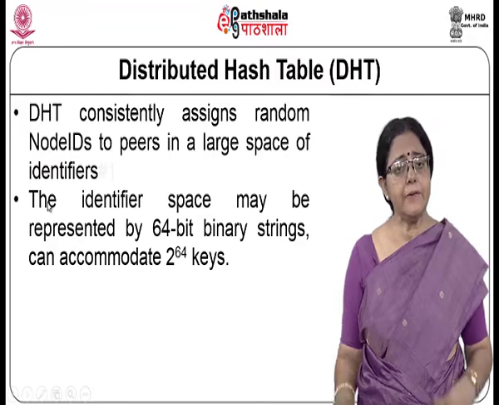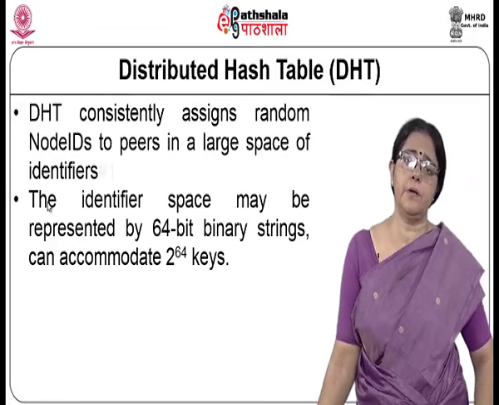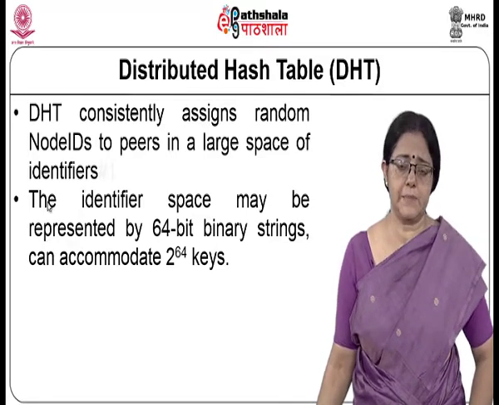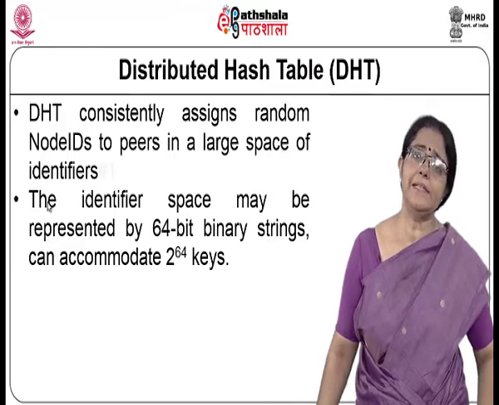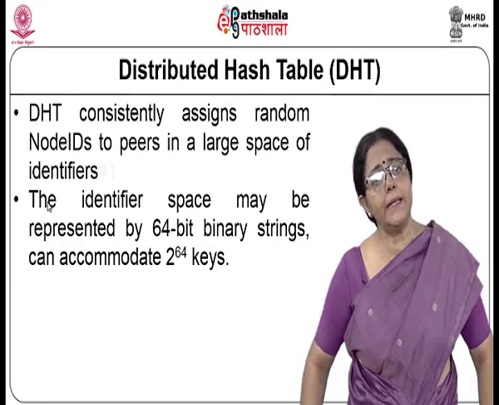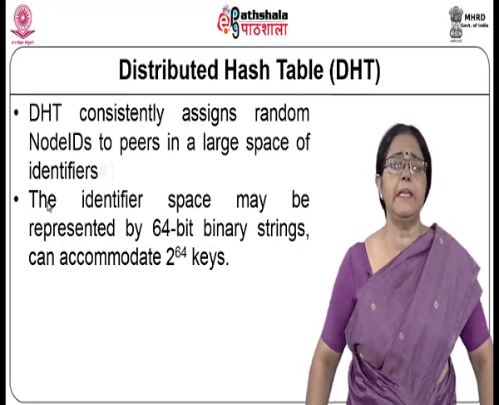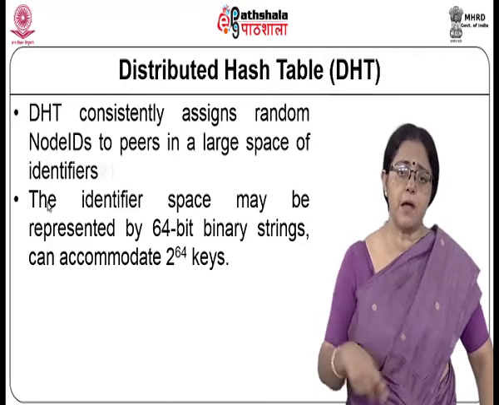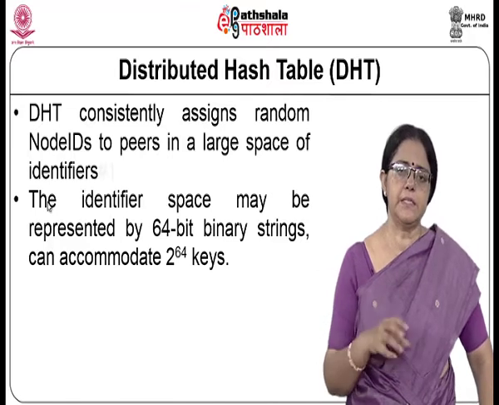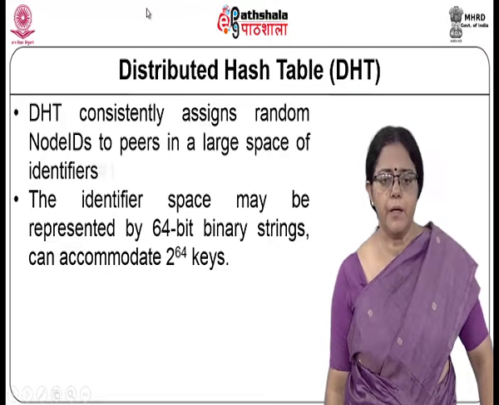So, the identifier space has to be very large. The success of DHT is that in a large identifier space, nodes will be given a unique ID, and with respect to the unique ID, it is possible to assign a set of keys which corresponds to this large identifier space, and the responsibilities of the keys will be distributed among the peer nodes.